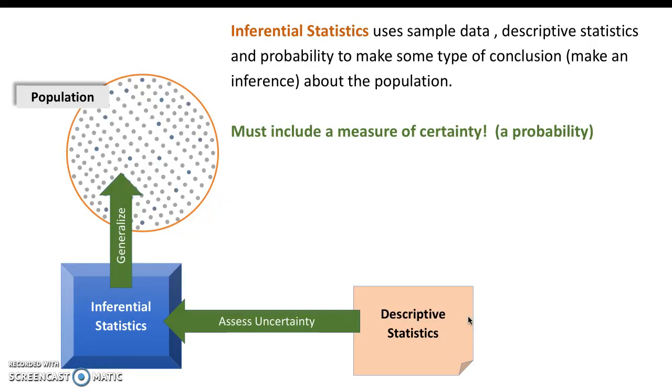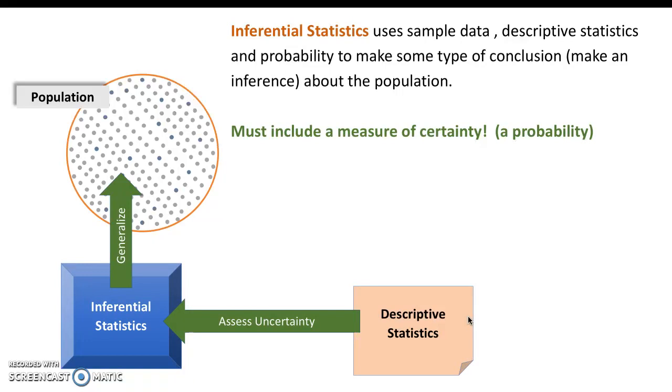Inferential statistics is then what we get when we take those descriptive statistics and add our measure of certainty to it, where we assess how certain or uncertain we are. That gives us inferential statistics.